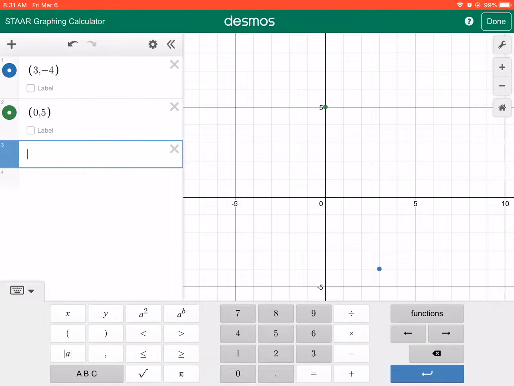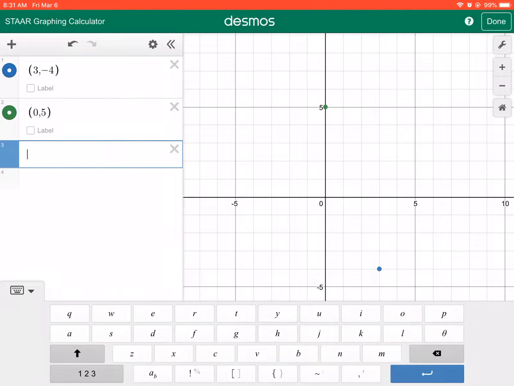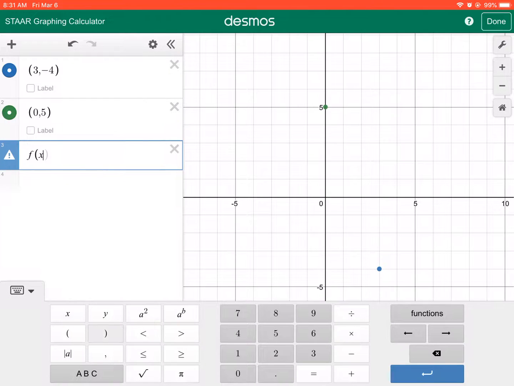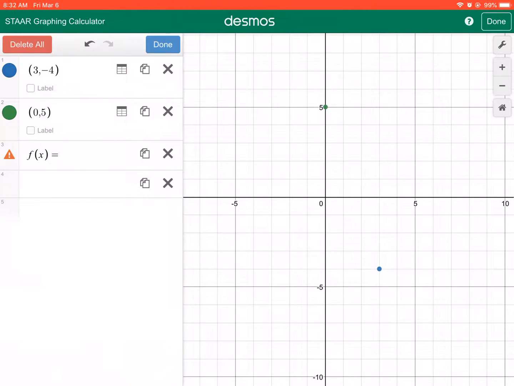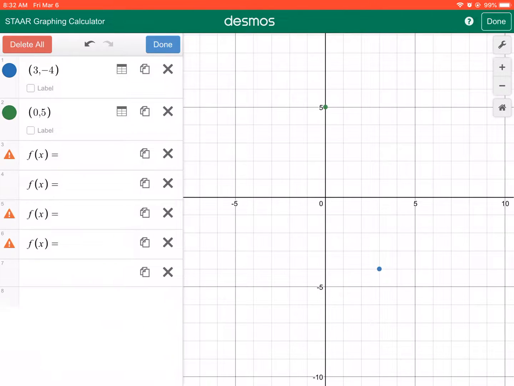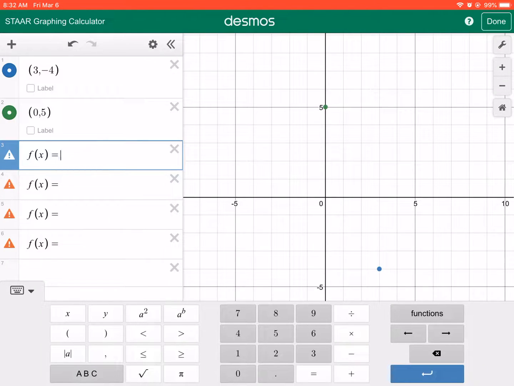You can type in f of x if you would like. And if you're going to do that, because we have to go to the other screen, you can also use the copy function as you start typing. I don't know if it'll let me do it here. You can copy it so you don't have to retype that part over and over.